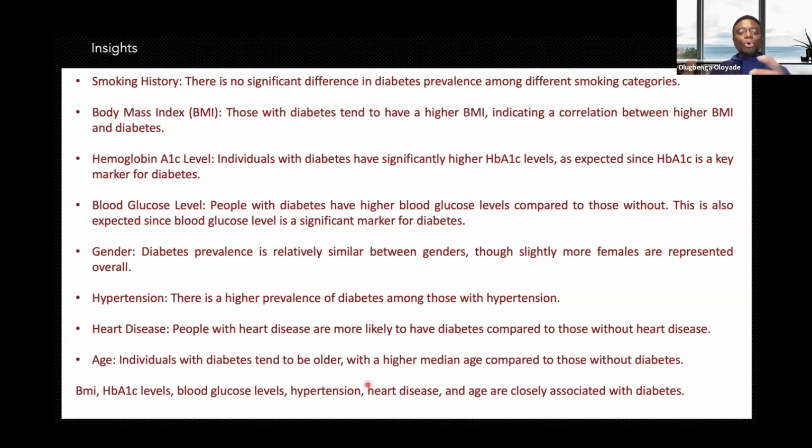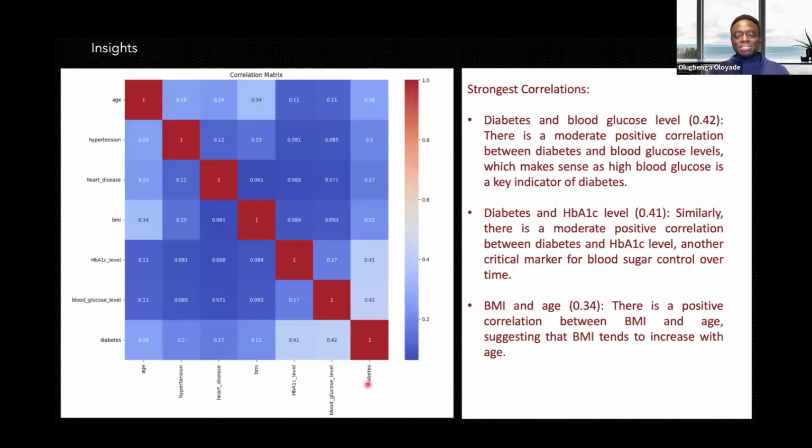Individuals with diabetes tend to be older in this data set, with a higher median age compared to those without diabetes. So in summary, BMI, hemoglobin A1C levels, blood glucose level, hypertension, heart disease, and age are closely associated with diabetes. So I also dug deeper into that with my correlation matrix.